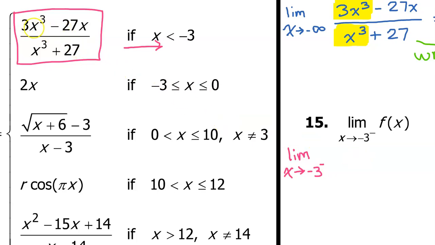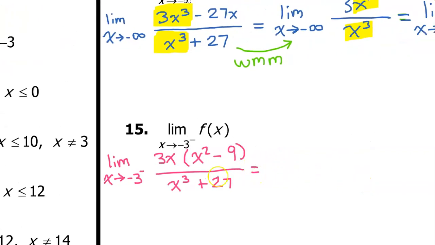So in the numerator, we have a common factor of 3x. So I'm going to go ahead and pull out the 3x, and that will leave behind x squared minus 9. The denominator will also actually factor, but I'm going to save that for the next step. So for now, I will just write x to the third power plus 27.